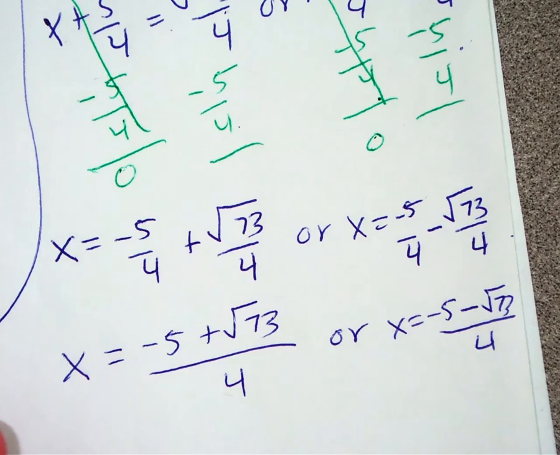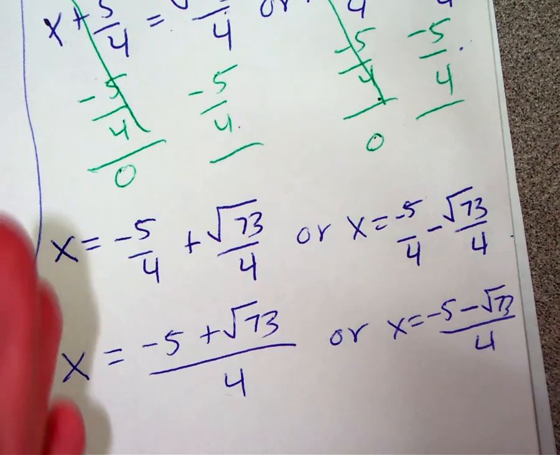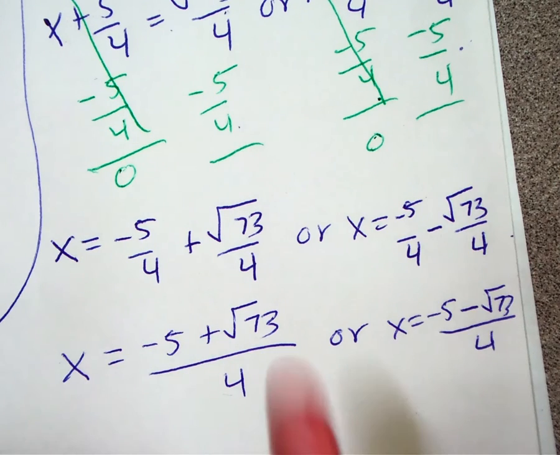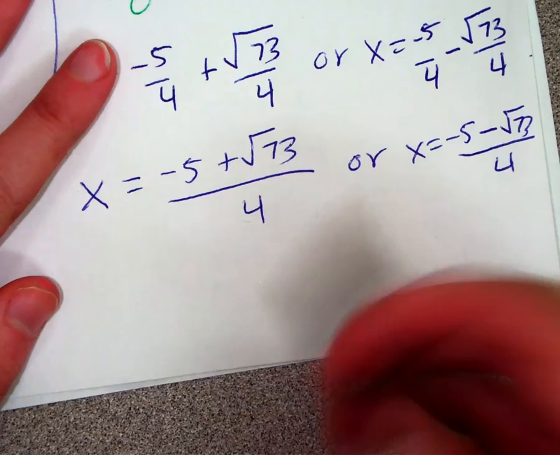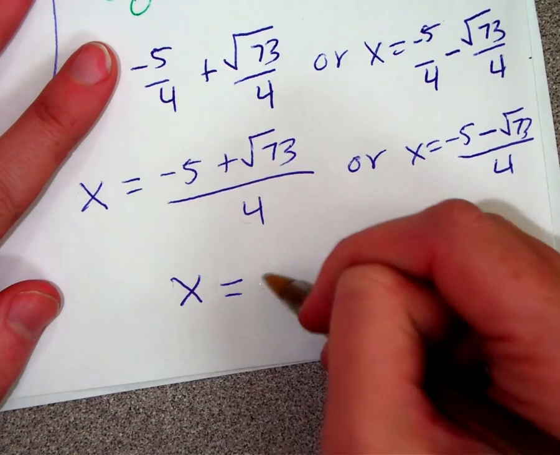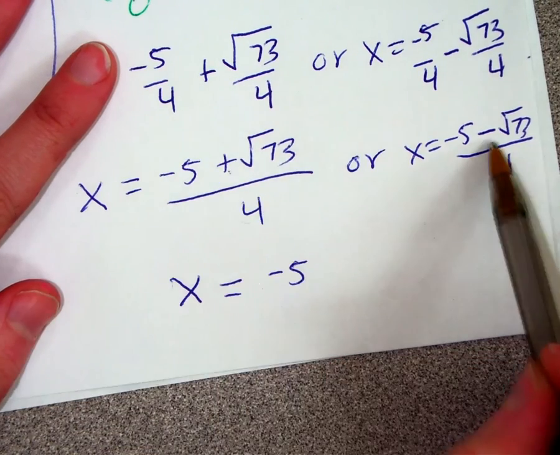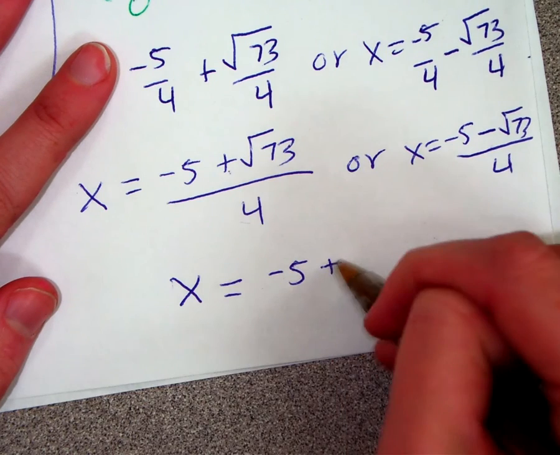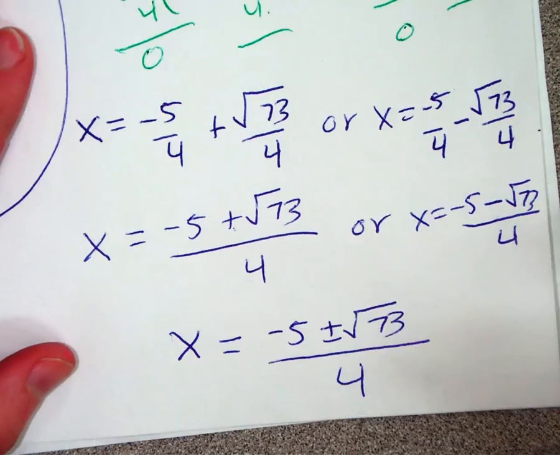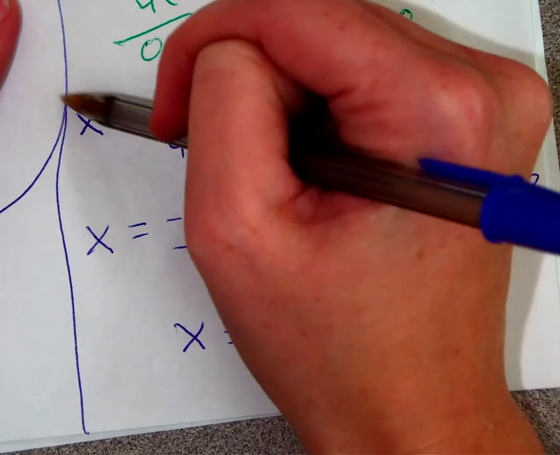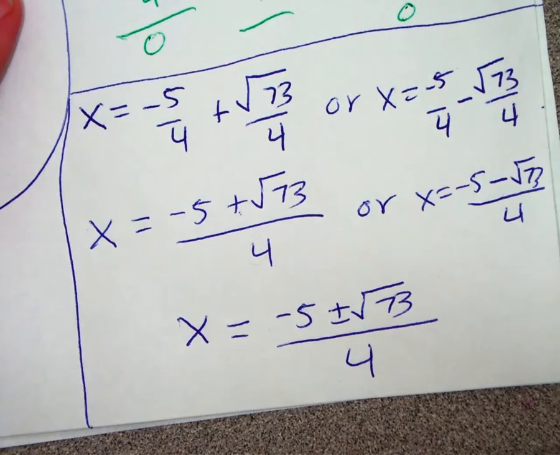Or another way you guys can write this, if you want to, you could just write this whole answer as one answer with a plus or minus symbol. So watch this. This is pretty cool. All right, so you could also write it as x equals negative 5 plus or minus root 73 all over 4. So guess what, you guys? Any of these options right here are acceptable answers. So you can write your answer as any of those.